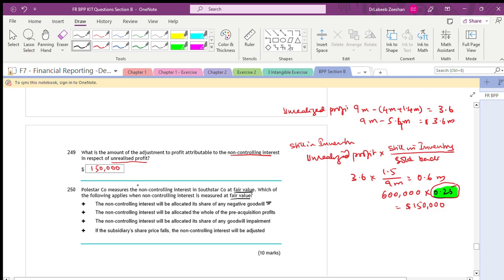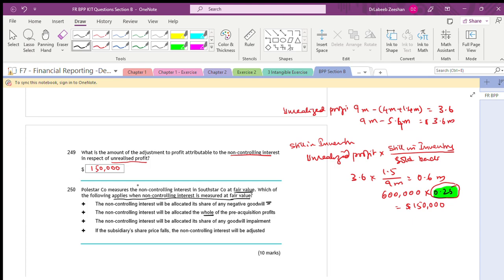The NCI will be allocated the whole of pre-acquisition profit, no, we cannot say that.